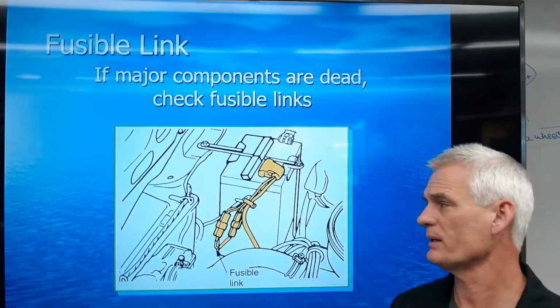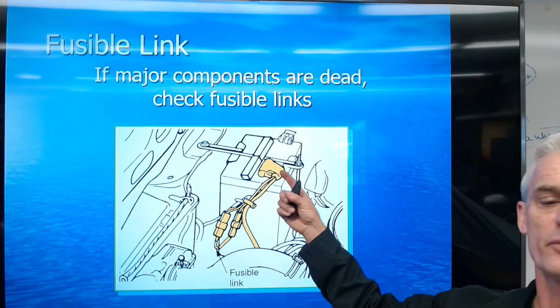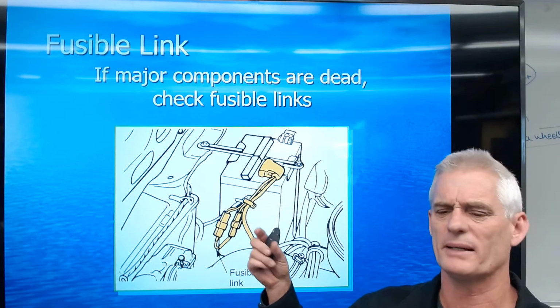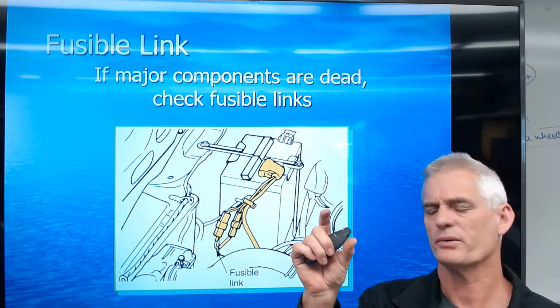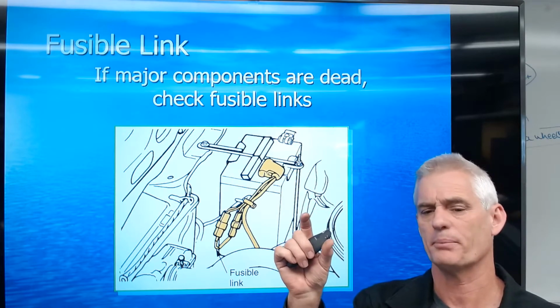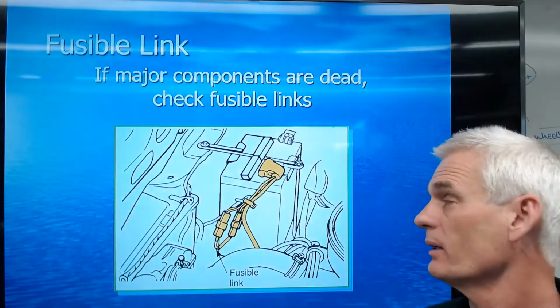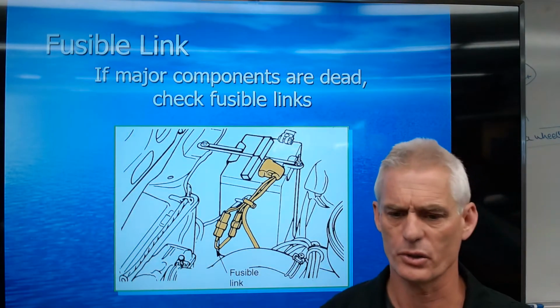There can be major components that bring power from the battery to an underhood fuse box. We used to have what's called fusible links, but now we have these large 110 to 150 amp max fuses right in the front of the underhood fuse panel, and I'll show you one.